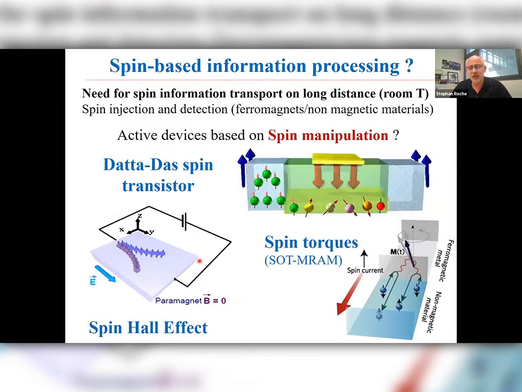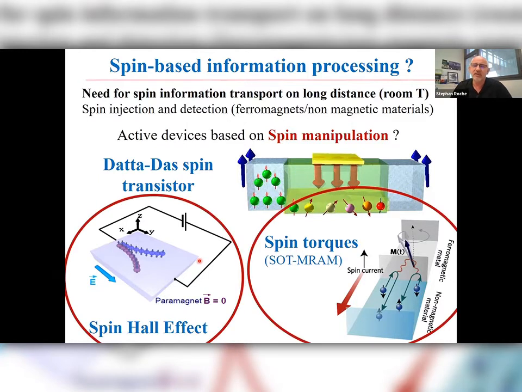So let me come closer to a more concrete illustration and discussion about the gain of this type of materials and heterostructures for designing active spintronic devices. And I will mainly point out the generation of pure spin current through the spin Hall effect, and its relation to the spin-orbit torque mechanism.